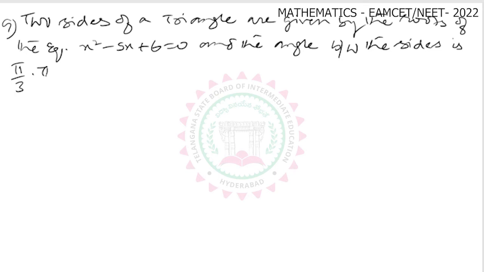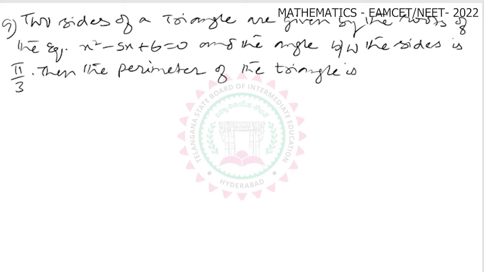Then the perimeter of the triangle is: first option 5 plus root 2, second 5 plus root 3, third 5 plus root 5, fourth 5 plus root 7.